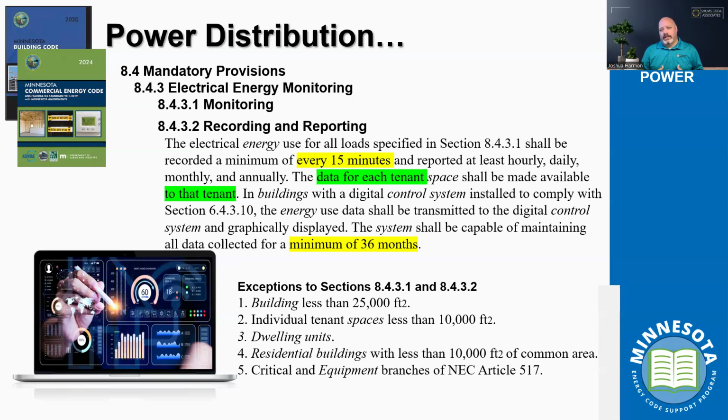Ultimately, what this is really doing, and this is one of those things where, at least in my experience, a lot of contractors and building owners are like, why is this the code? Well, this is to make sure that the building is operating the way you designed it, right? That's what this is really looking at. And there's some exceptions, and we see the different situations when it may not be employed, maybe not in my smaller convenience store, but if we're doing a large building, we want to make sure that everything is well maintained, right?